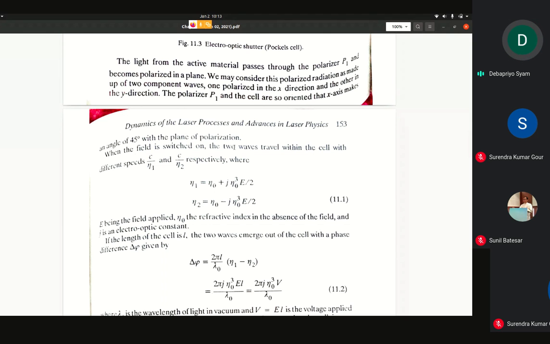So the net effect is that the linearly polarized light incident on the Kerr cell is turned into a circularly polarized light as it comes out of the Kerr cell. And again, when a circularly polarized light falls on the Kerr cell, it comes out as a linearly polarized light. That is how the Kerr cell acts. We can now move to the next page.